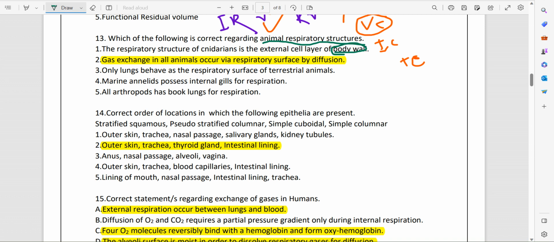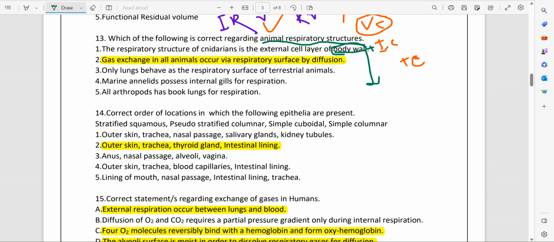So every cell of their body is in direct contact with the external environment. That's why they don't need respiratory systems, and they can directly respire through their cells, because of the high surface area to volume ratio that they have. So that's wrong because of that. The next statement is the correct one. I will come to that in a bit.